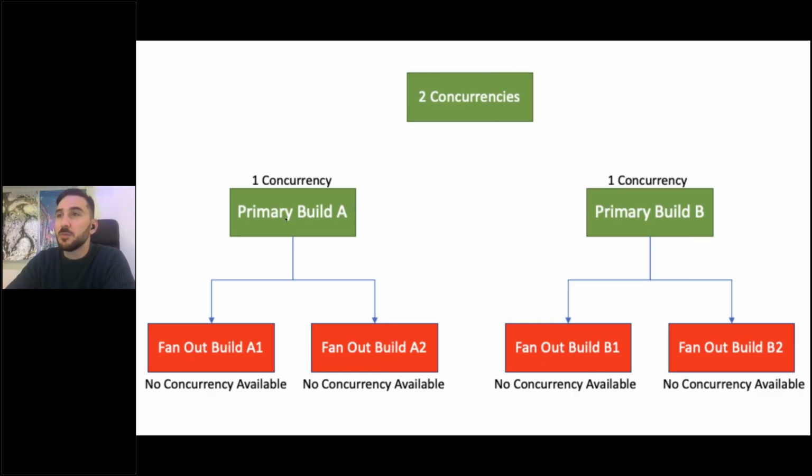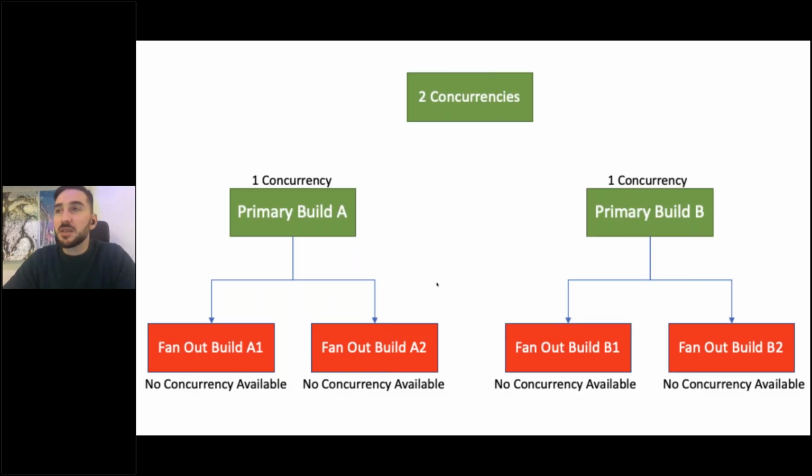How could we work around these issues? So let's say there is the primary build workflow that would be starting up 2 different workflows. And let's say that 2 different Git events happen that are triggering these primary workflows at the same time, just before starting up the fan-out builds.